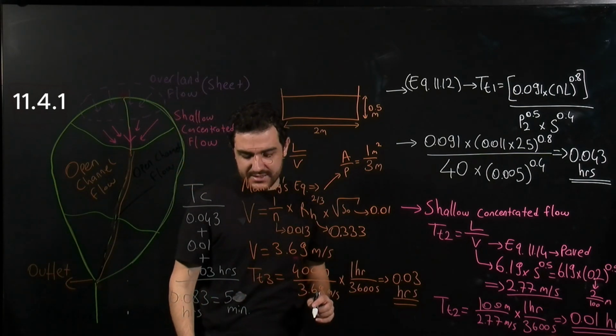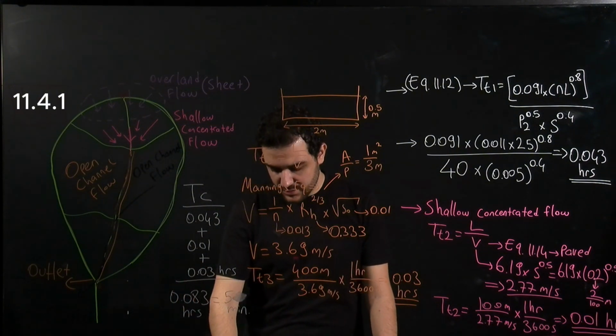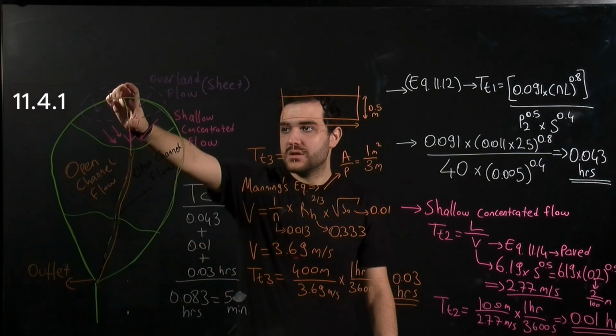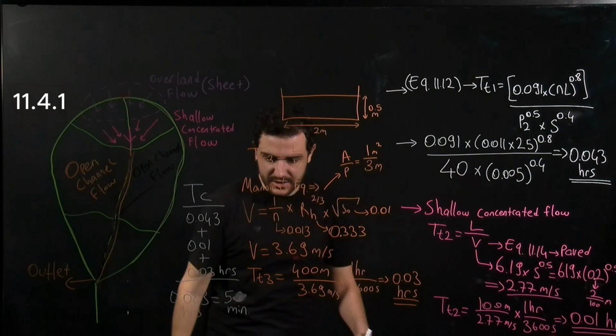Now, the question also asks what percent of the time of concentration is attributed to the 25 meters of overland flow, which is here. So let's do that calculation.